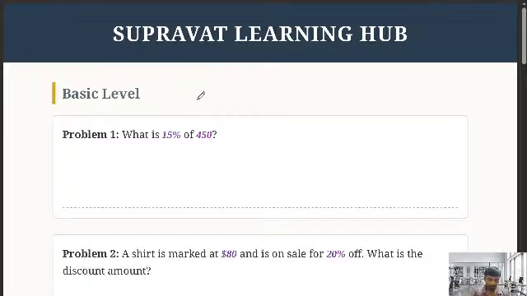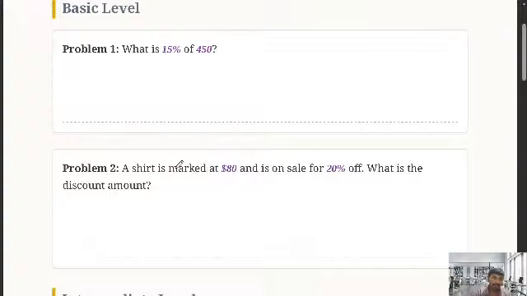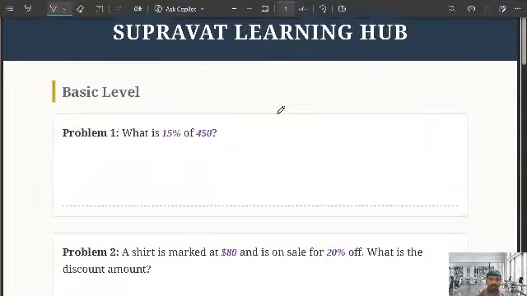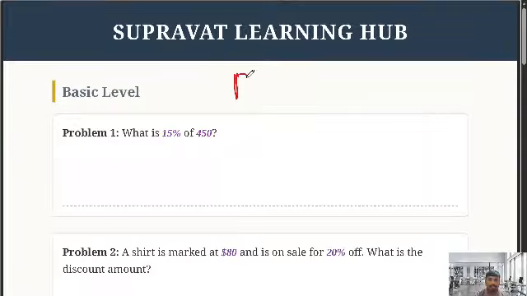See, student, you can see I have given some problems based on which this is percentage difference, this is percentage, and this is percentage after.